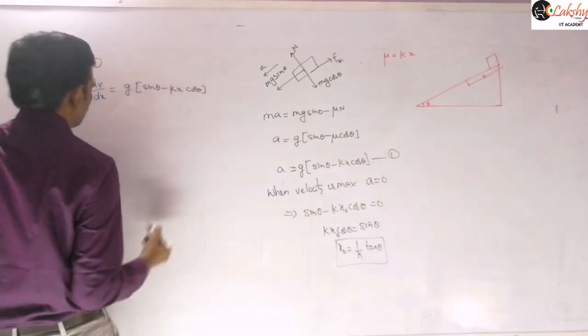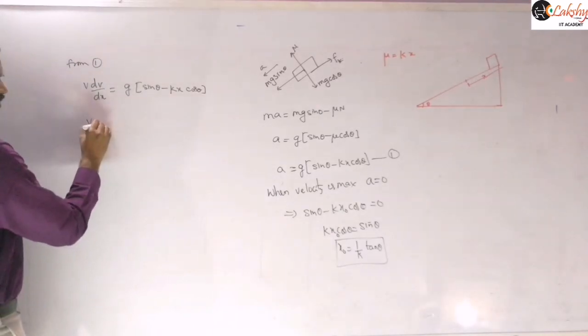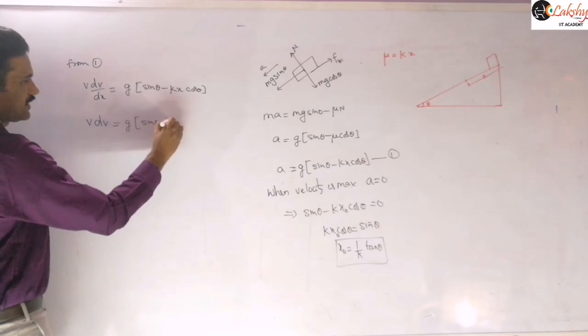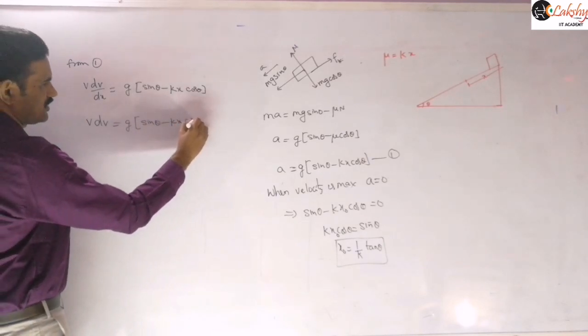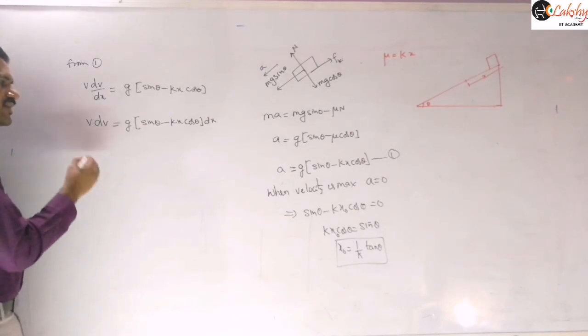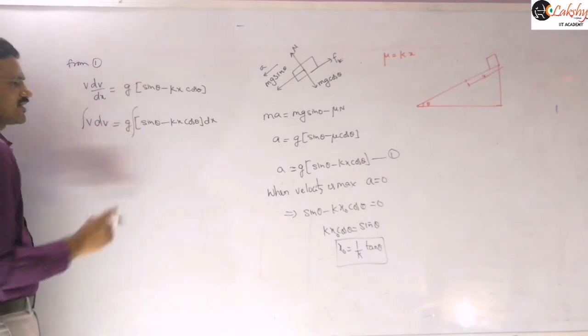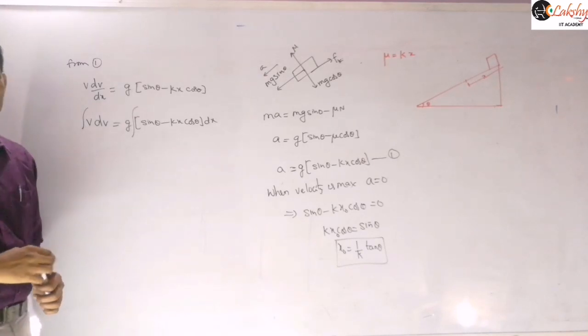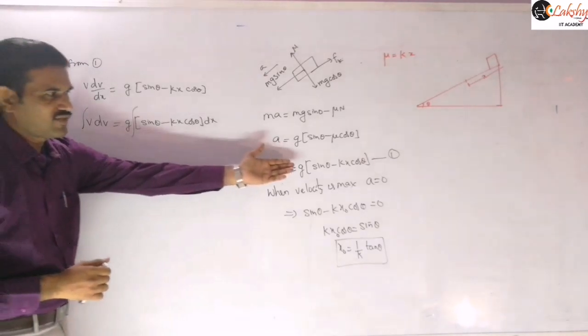Therefore v dv is equal to g of sin theta minus kx cos theta into dx. So now to find the maximum velocity you need to integrate here. You need to note that we can't use the kinematic equations here because the acceleration is a variable value.